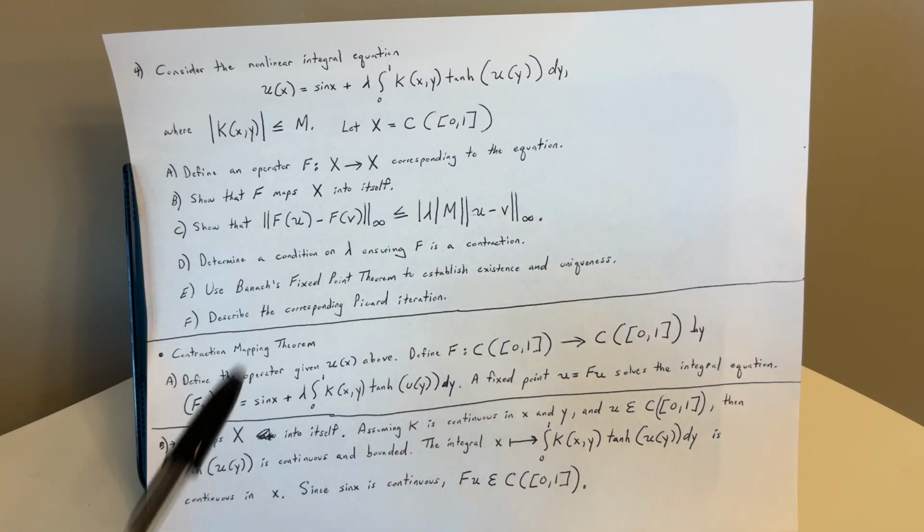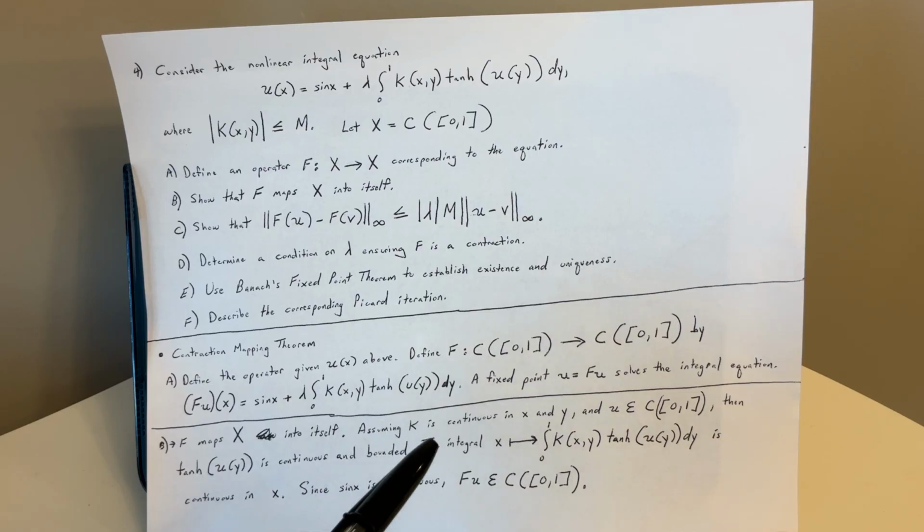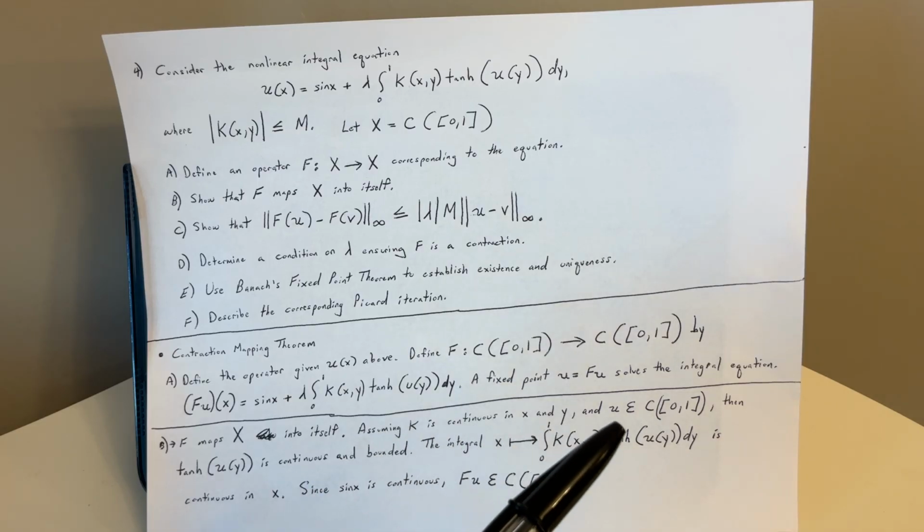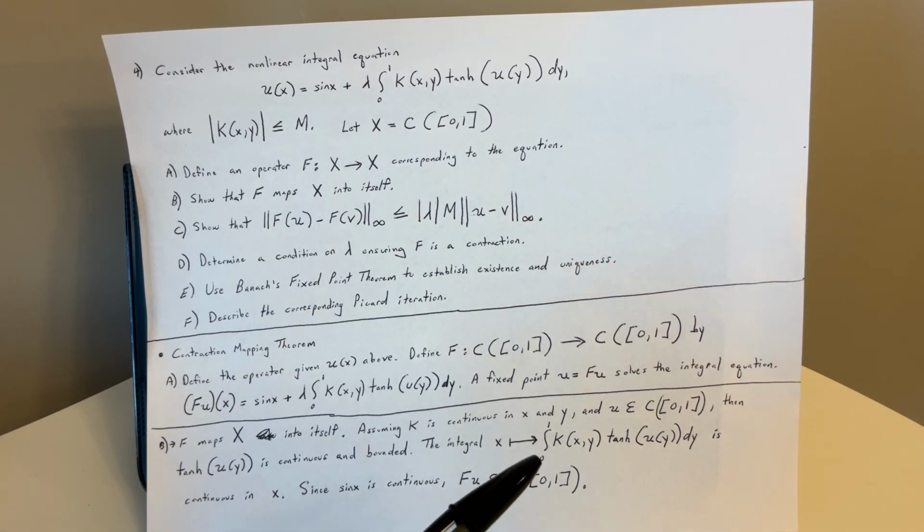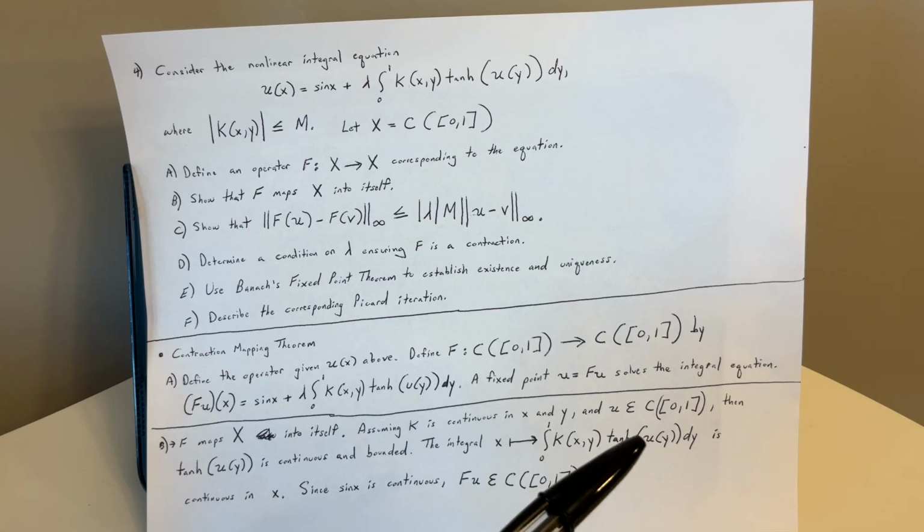For part B, we're looking for this mapping here: F maps X into itself. Assuming k is continuous in x and y, and u is an element of C[0,1], then hyperbolic tan of u of y is continuous and bounded, and we get this integral of k of x, y, hyperbolic tan of u of y dy, and that's continuous in x.